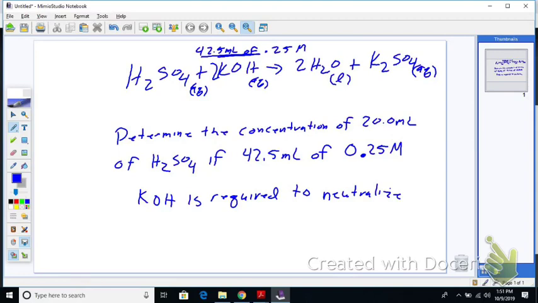Okay? So then what I can do is I can find the moles of that. And so instead of showing the ICE, which if you guys want to do it that way, you can. I think I'll show it both ways, and then you guys determine which way you want to go. So I'm going to start out this way. I'm going to automatically put 0.0425 liters. So I went ahead and converted milliliters to liters, and that's of KOH.